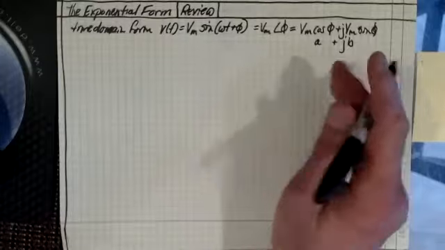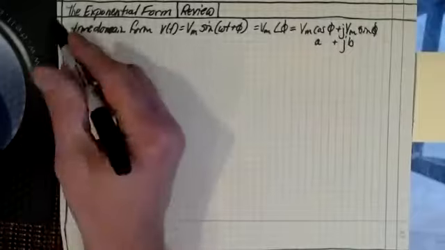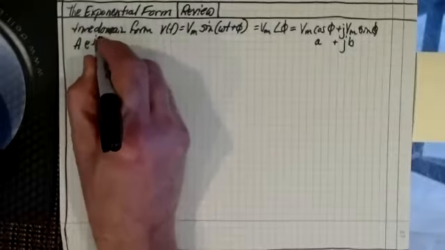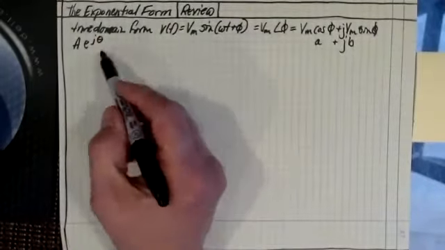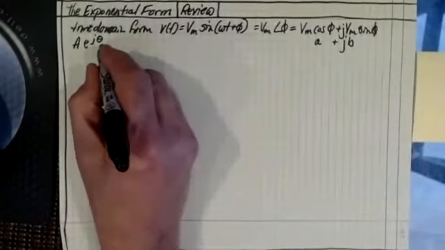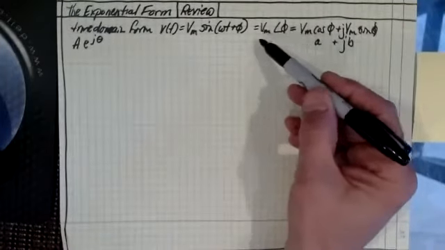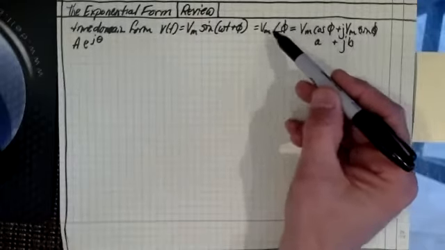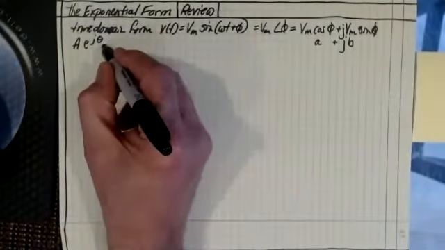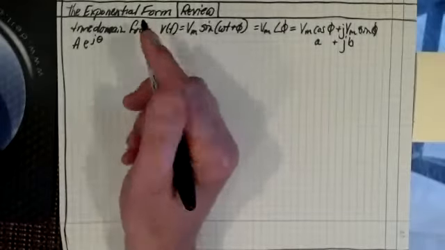So what we want to look at is e to the j theta, which is the exponential form of all of this. All of this is related, and a lot of times you'll see this as the power, so it's divided by the square root of 2, so it's the RMS voltage. Some people say that, some people don't, but when you get to e to the j theta, how do we know that?